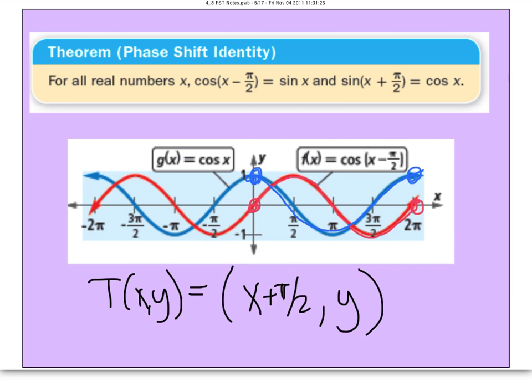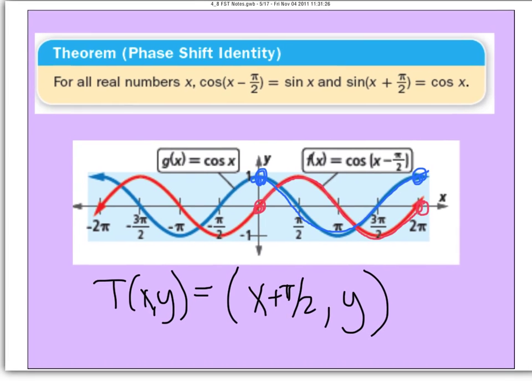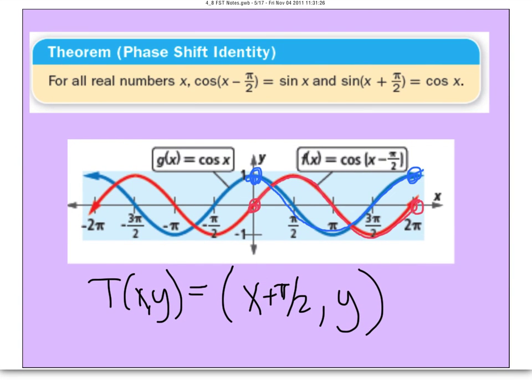So what they did is, if you take the blue graph right here of cosine, and if you were to shift it 1/2 of a pi, this point right here on the blue will land there. What happens is the cosine function actually becomes the sine function.